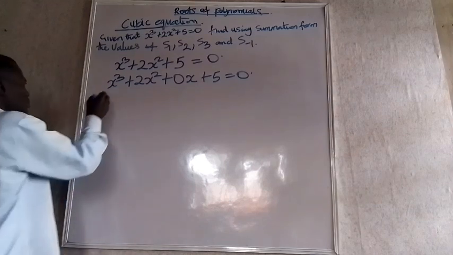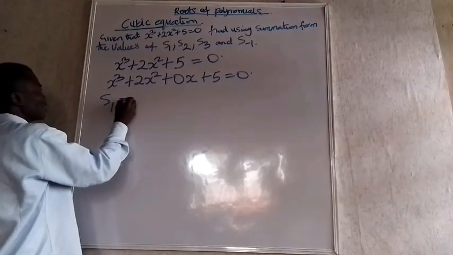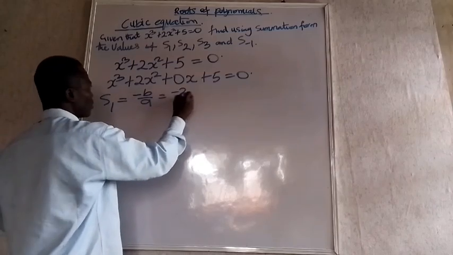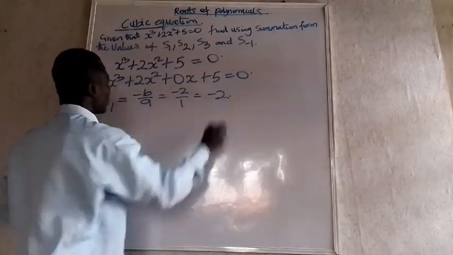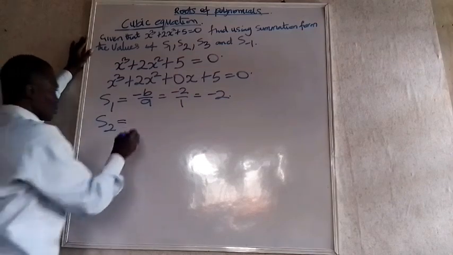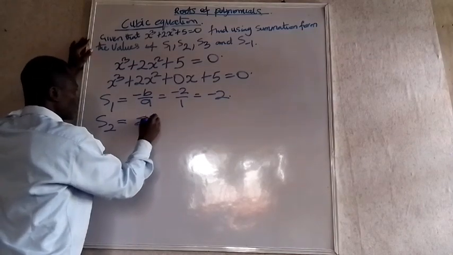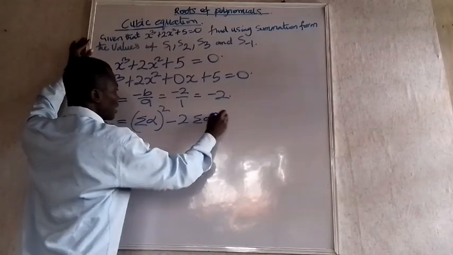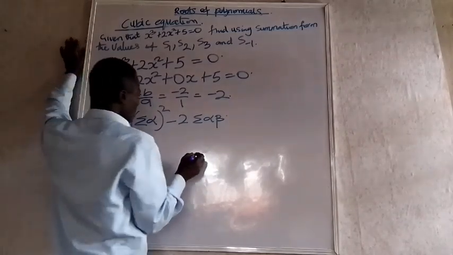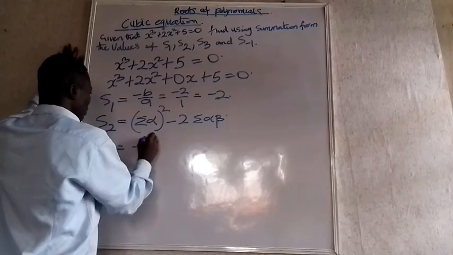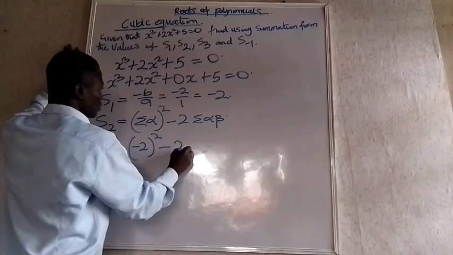For s1, we know it is equal to minus b over a, and that is minus 2 over 1. For s2, we discovered that it is summation alpha squared minus 2 summation alpha beta. So, what is summation alpha? And that is minus 2 all squared minus 2.